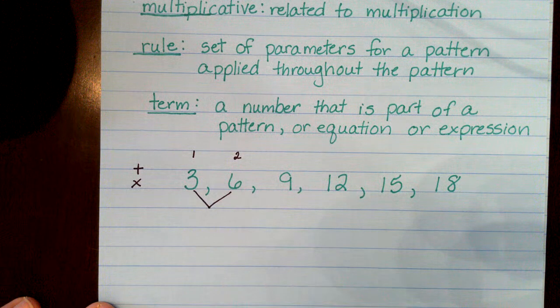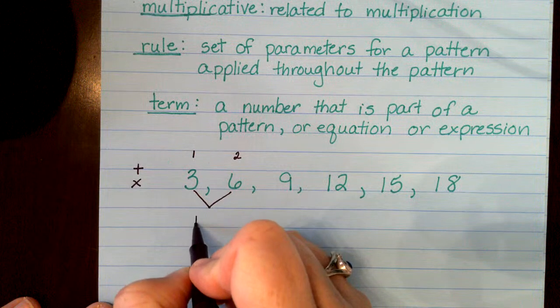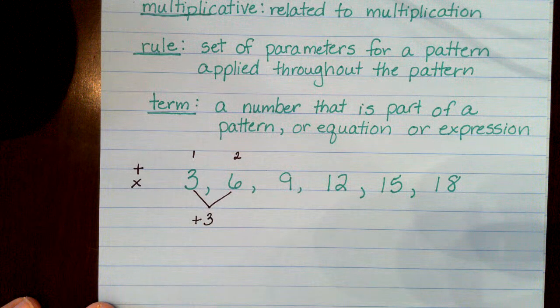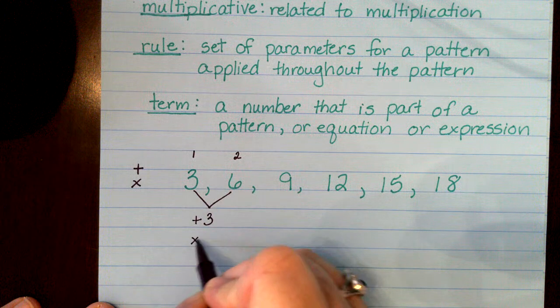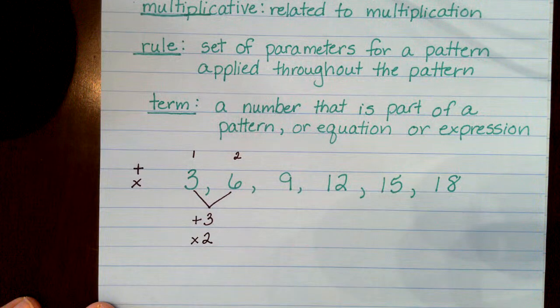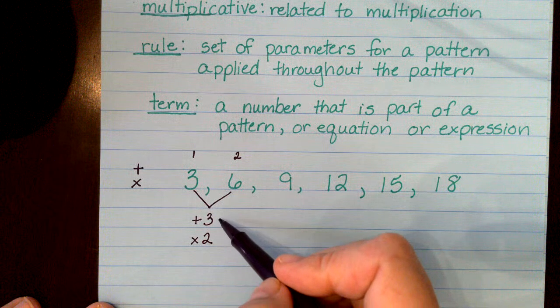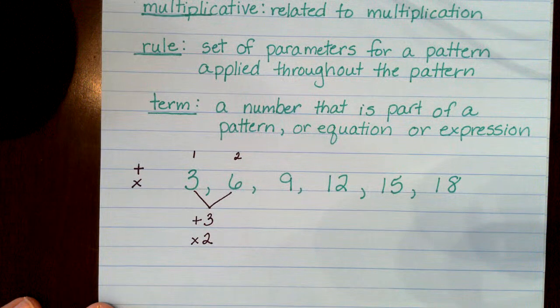On the addition side, we know that 3 plus 3 equals 6. We also know that 3 times 2 equals 6. So we're going to have to make a decision about whether this pattern is increasing by adding 3 or by multiplying by 2.